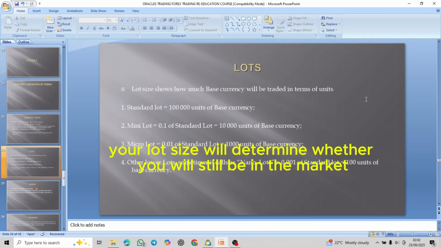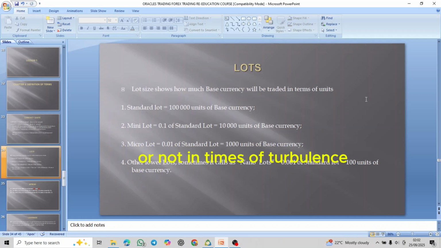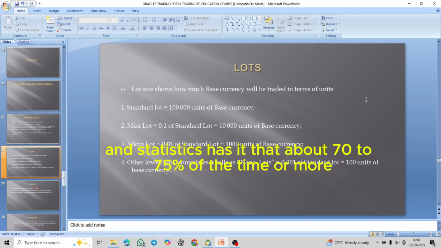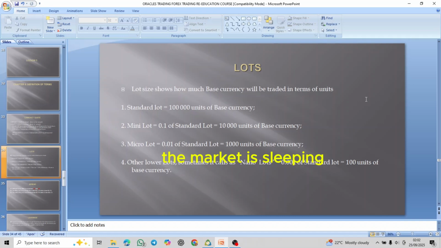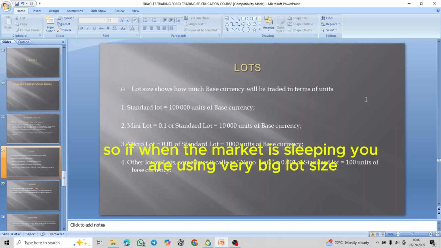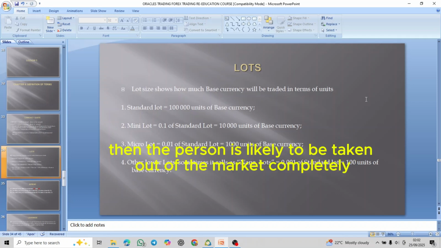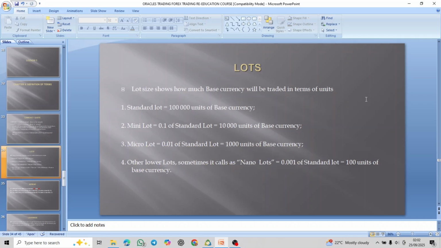Your lot size will determine whether you will still be in the market or not in times of turbulence. And statistics has it that about 70 to 75% of the time or more, the market is sleeping. So if when the market is sleeping, you are using a very big lot size, then the person is likely to be taken out of the market completely.